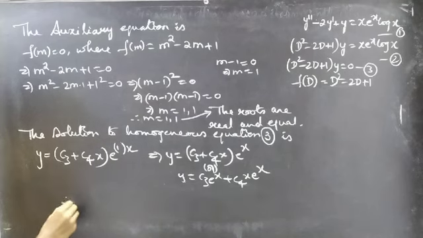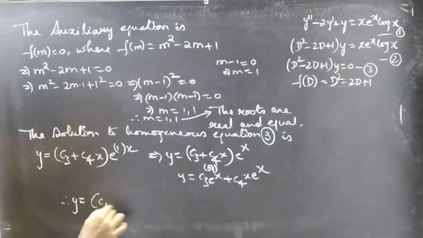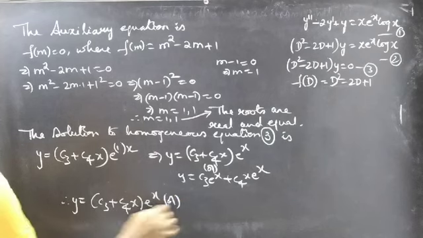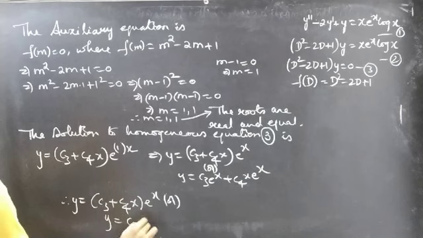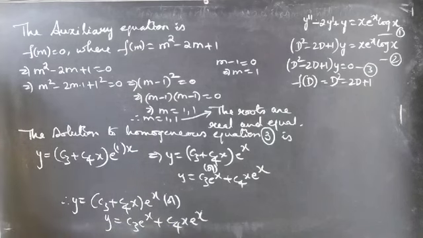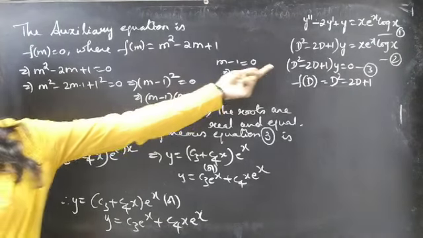Therefore, y equal to c3 plus c4 x into e power x, or y equal to c3 e power x plus c4 x e power x, is a solution to our homogeneous equation, equation 3.